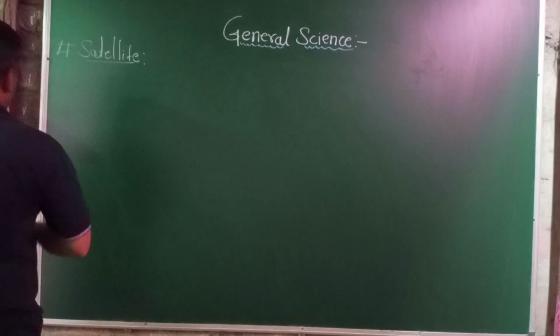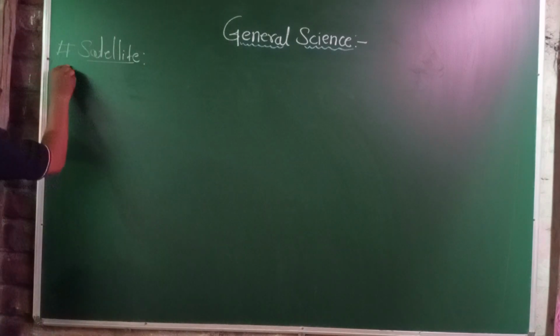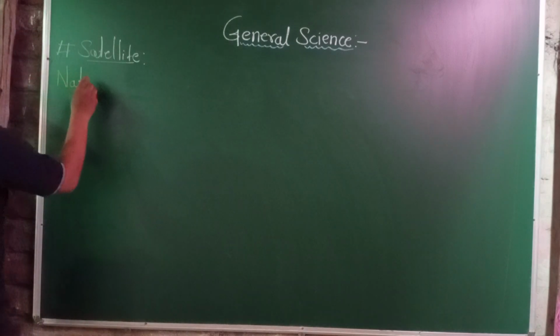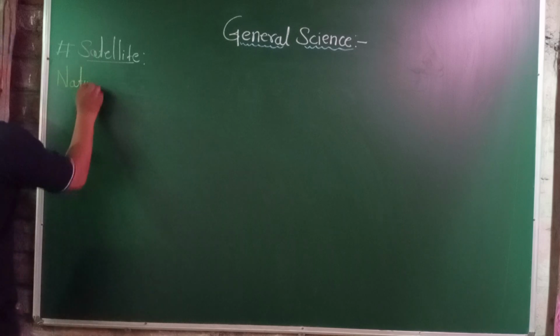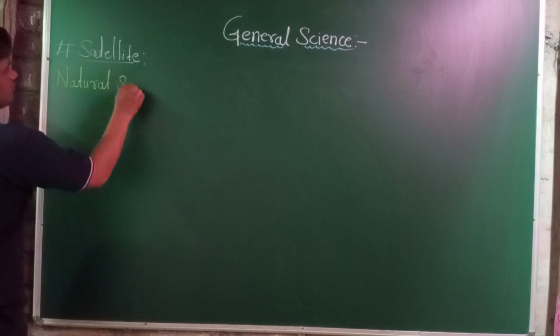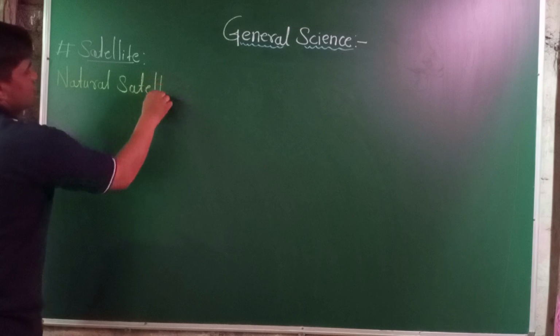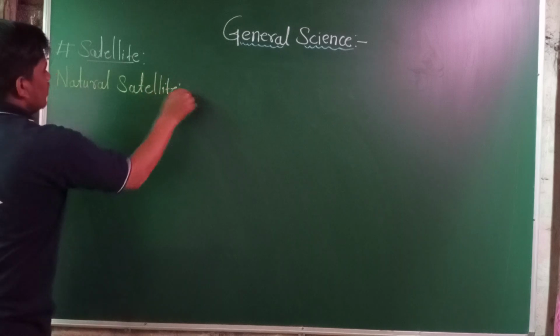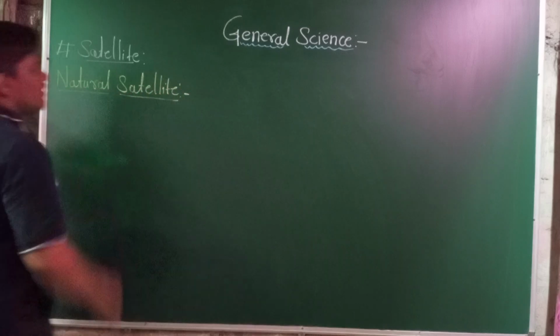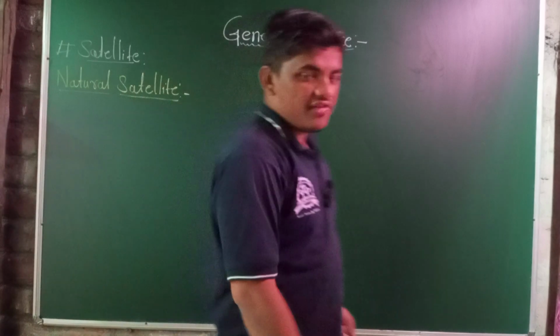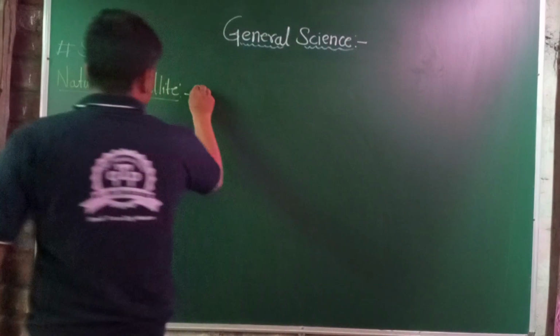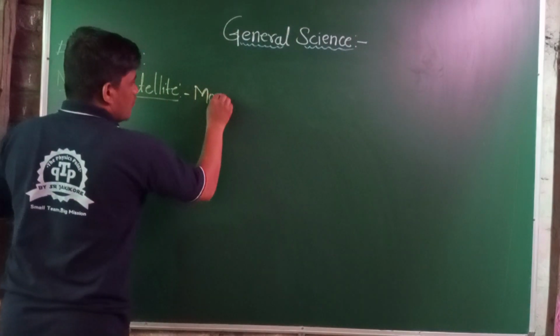An example of a natural satellite is the moon, the natural satellite of the earth.